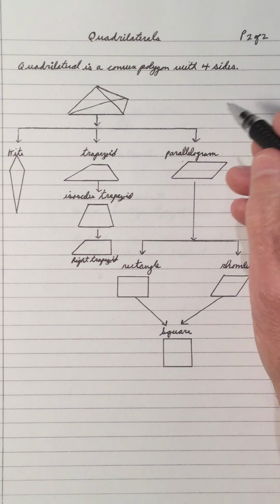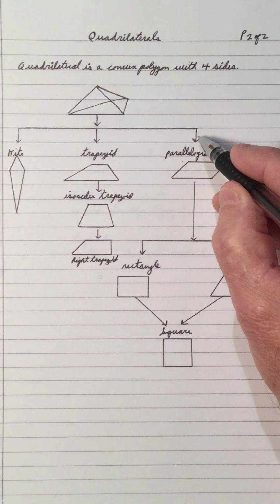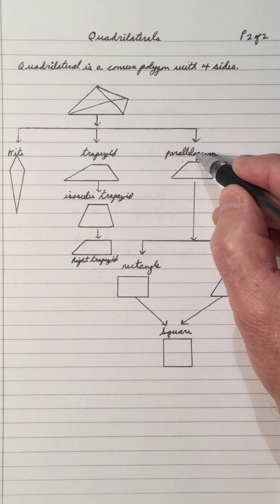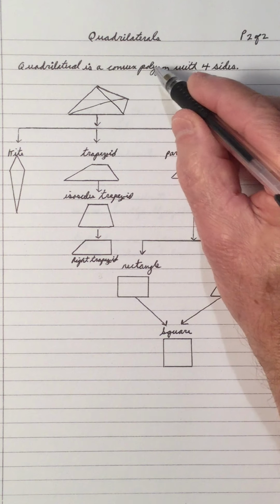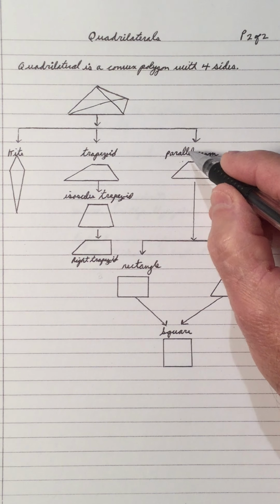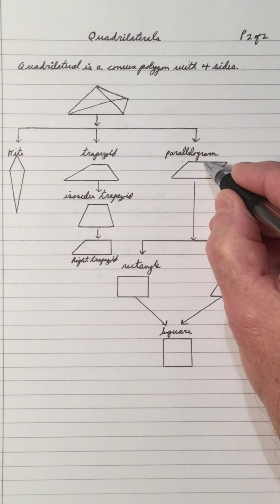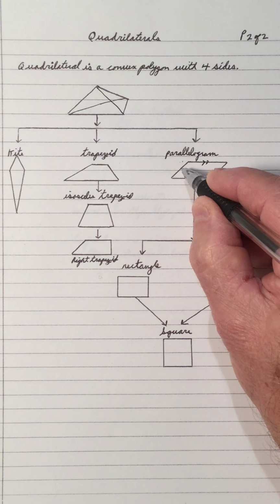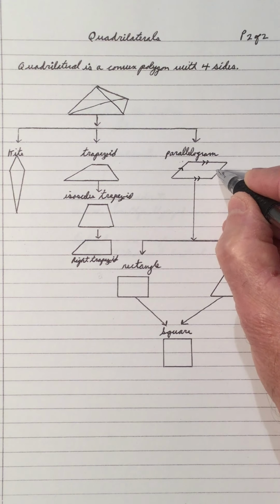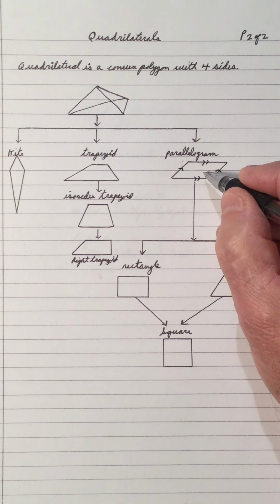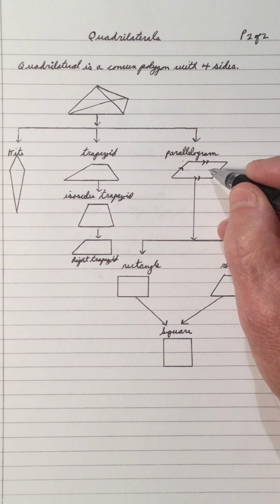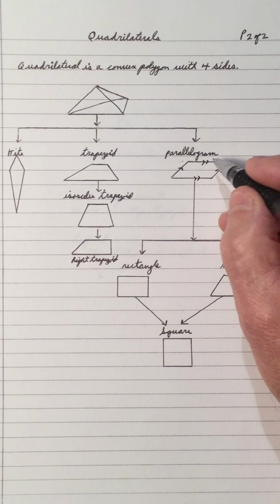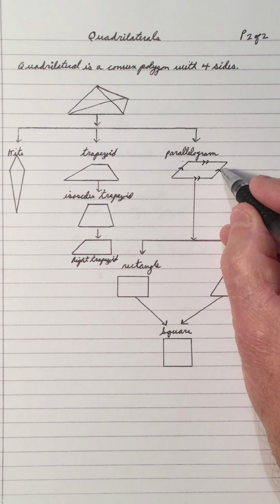And what we discussed first was a polygon, right? Convex polygons. But if you branch out and make the opposite sides parallel like this, then you have a parallelogram. A parallelogram, by definition, has two pairs of opposite sides parallel.